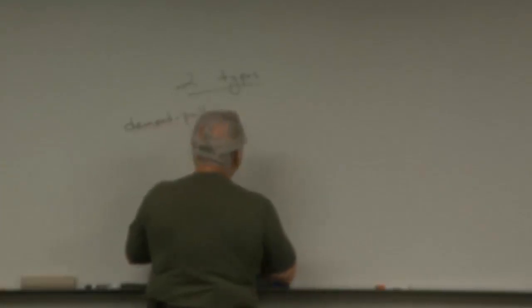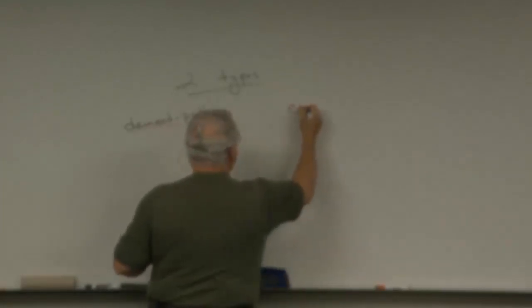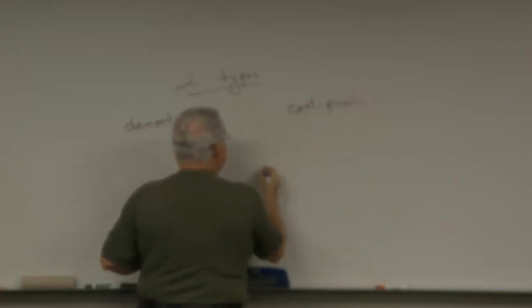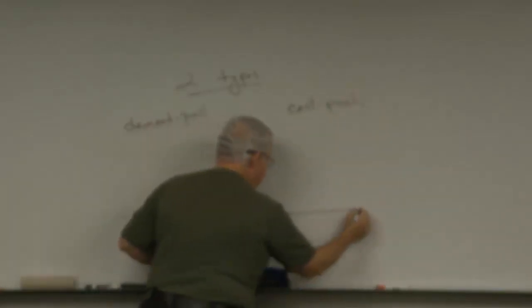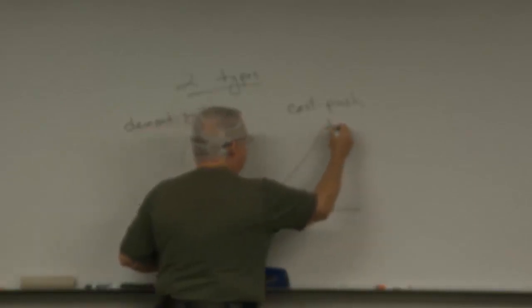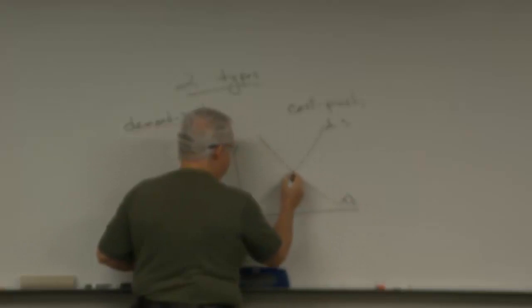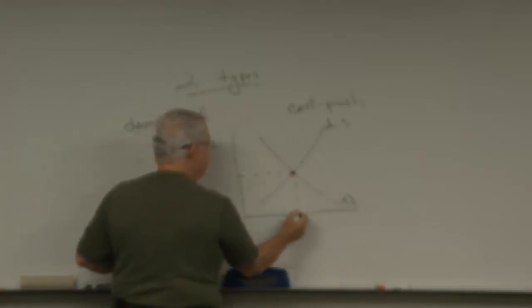The other kind of inflation is called cost push. Same graph. Aggregate supply, aggregate demand, equilibrium.